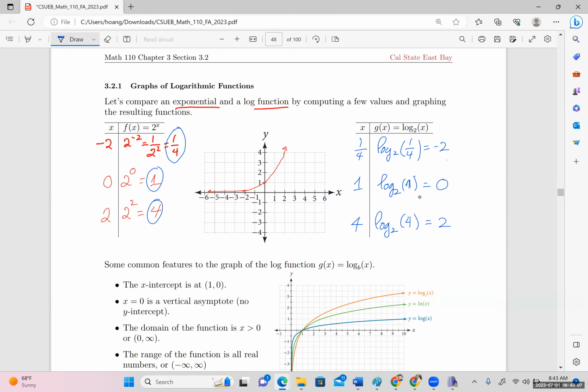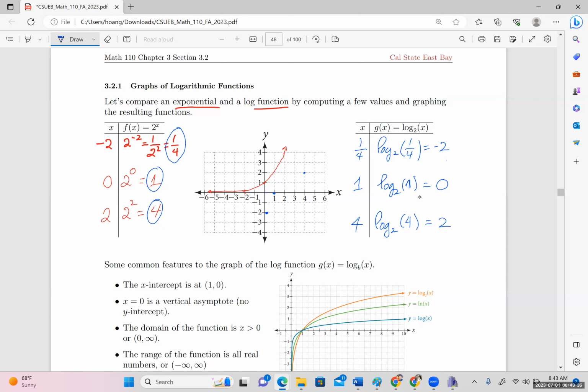So inversely, I have x equal 1/4 going to be here, and -2 will be here. 1, 0, so there's going to be another point, and I have 4 and 2, 4 and 2.